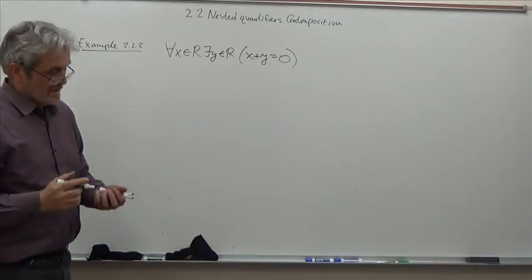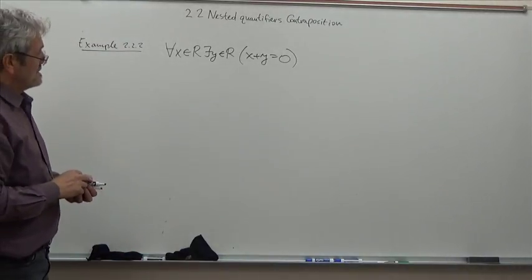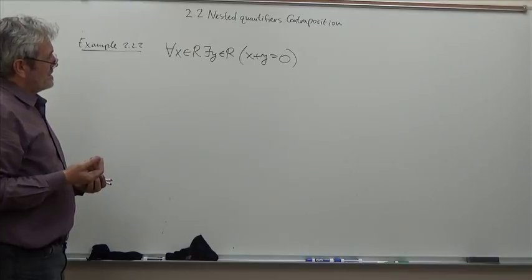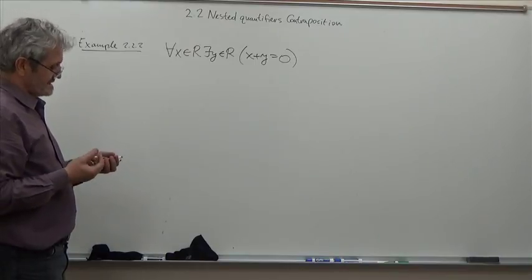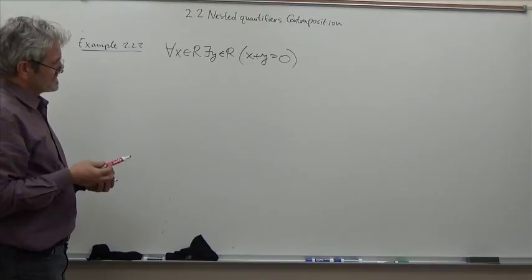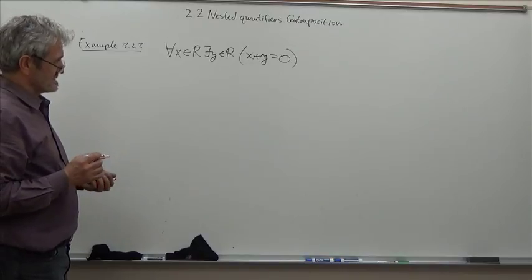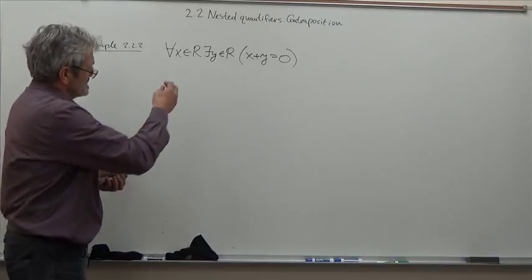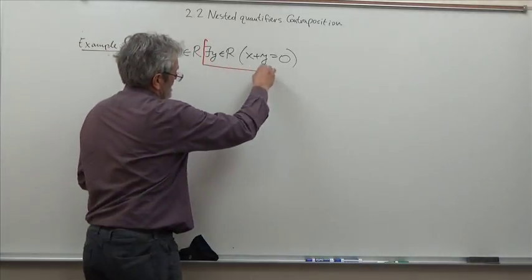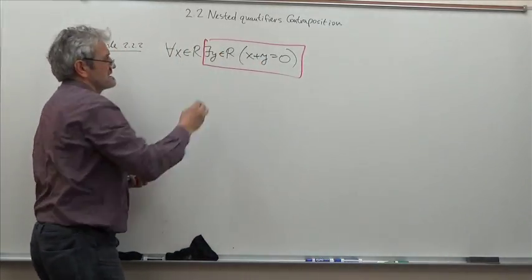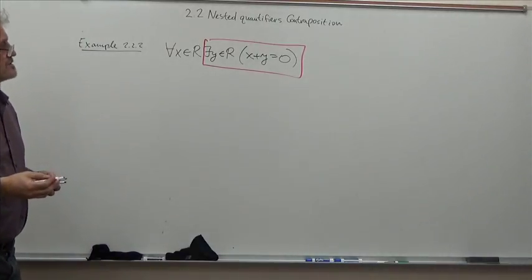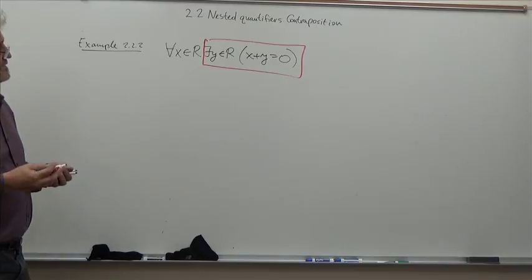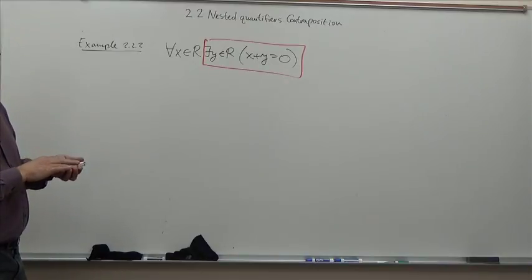So when you need to translate mathematical sentences to ordinary language, I would suggest not to be too ambitious, meaning to do it step by step. What I would do here is box this inside formula and first express the fact that outside of that formula we have a universal quantifier.